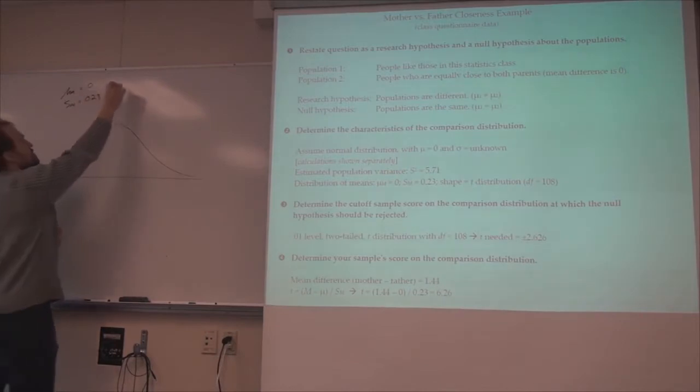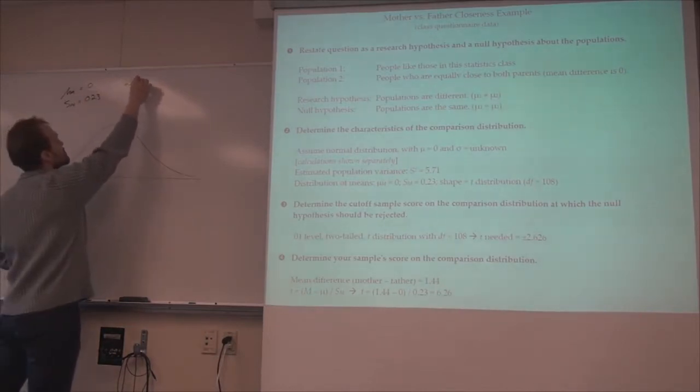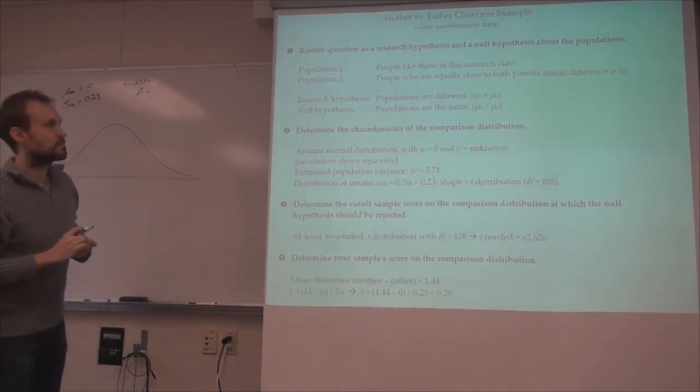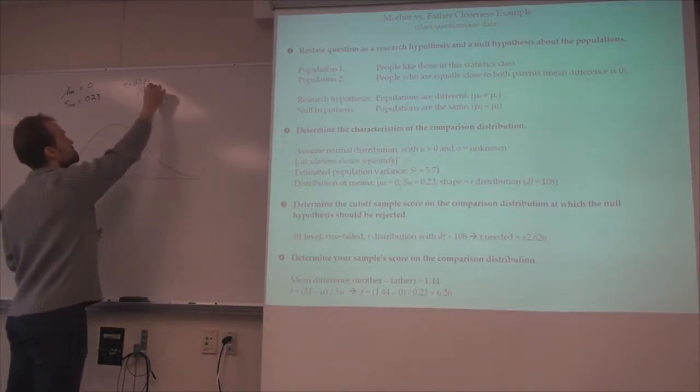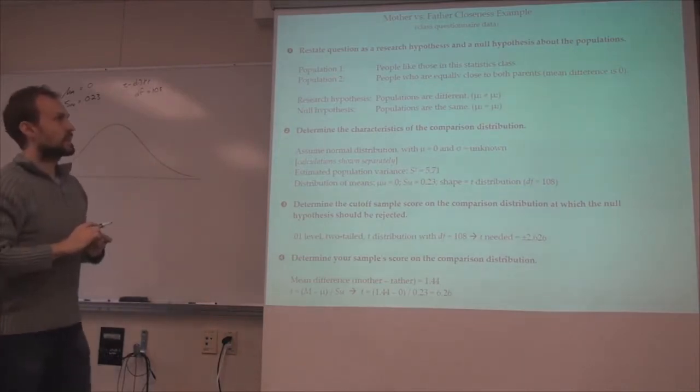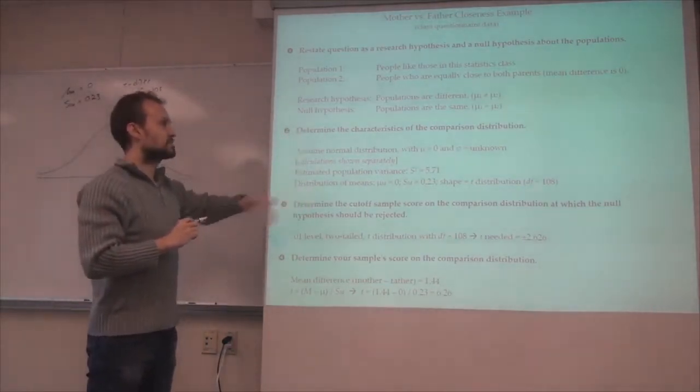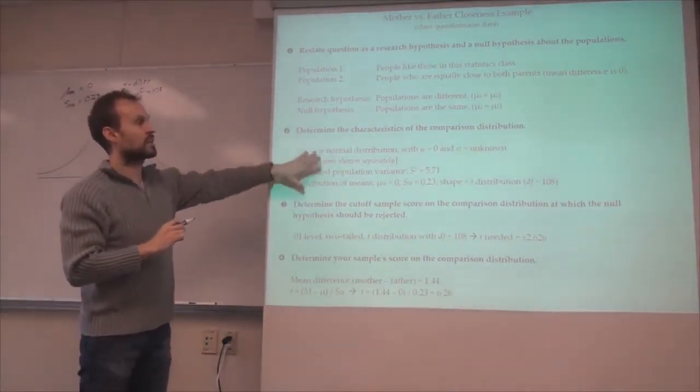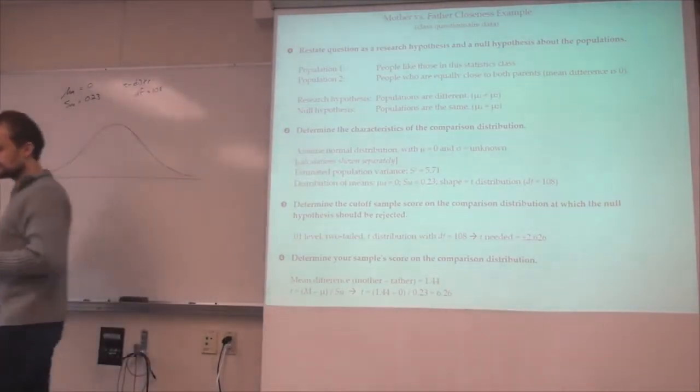So I'll specify here t-distribution, degrees of freedom should be one less than the sample size, which is 108. So that's what I call the comparison distribution.